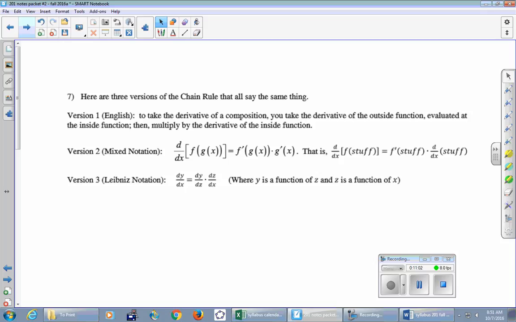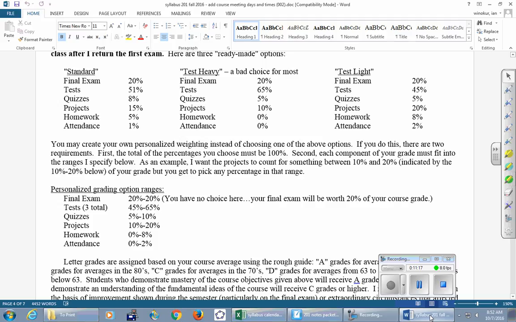Like I said, I'm really hoping that people will look at the things that went well and the things that didn't go well and make some adjustments if appropriate heading into the rest of the semester. On the syllabus handed out on the first day of the semester, if you read it carefully, you notice that there are different grading options for this class.